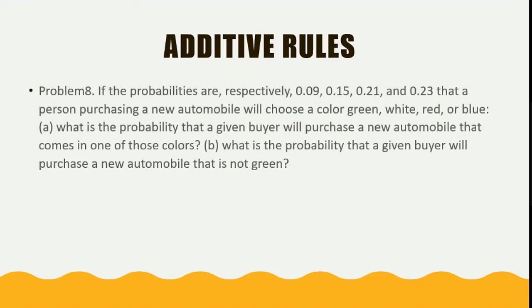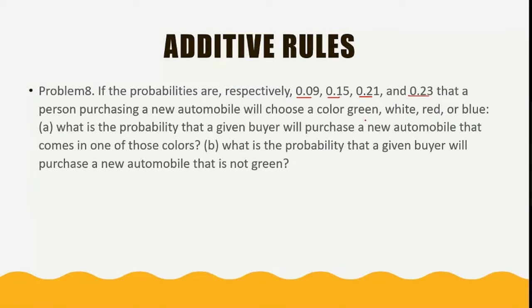Okay, let's have problem number 8. If the probabilities are respectively 0.09, 0.15, 0.21, and 0.23, that a person purchasing a new automobile will choose the color green, white, red, or blue.